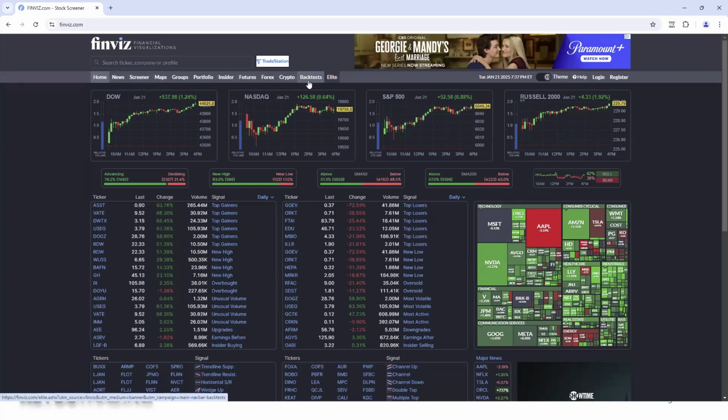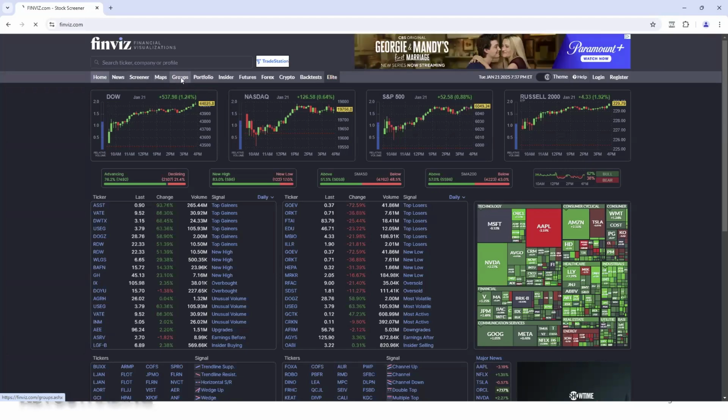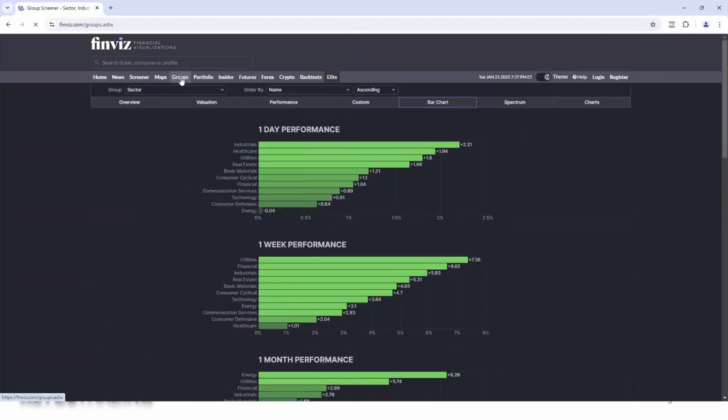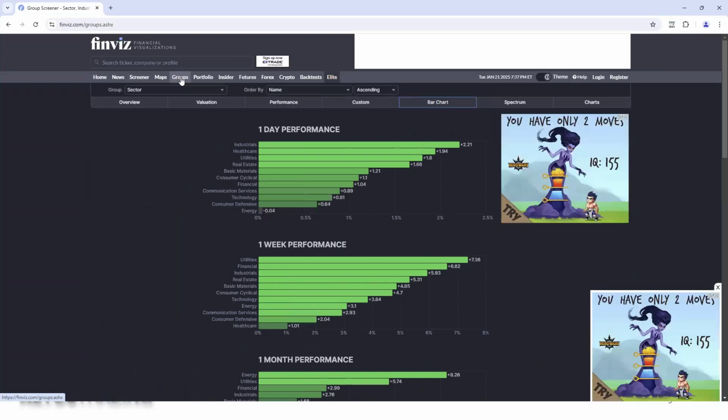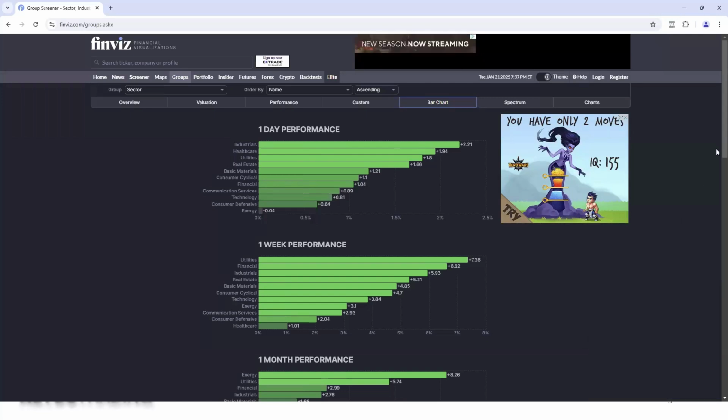They do futures, forex, crypto, insider trading information. But there's a tab here called Groups, and if you click on that Groups tab, it takes you over to a sector performance page. And the nice thing about this, and this is the free version, I don't have a paid membership to Finviz, but they do offer them. You don't need them though, you just have to deal with the little pop-up ads occasionally.